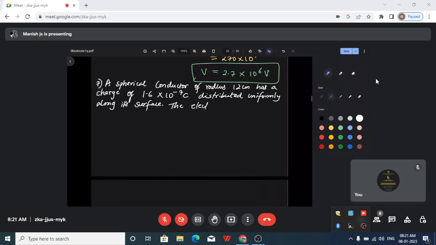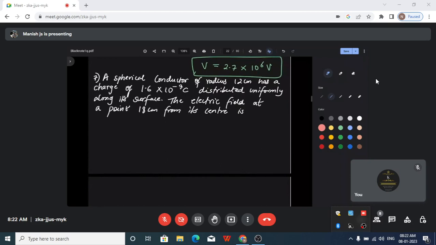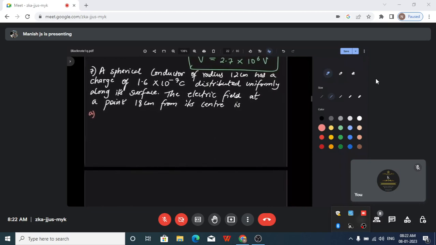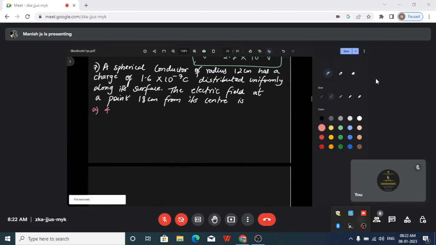The electric field at a point 18 centimeters from its center is option A, 4 into 10 to the power 4 newtons per coulomb.